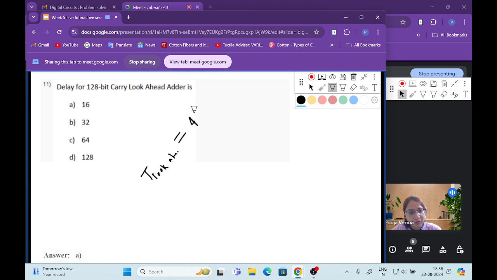That is 4 log 4 k, right? The delay for a k-bit carry look ahead adder. Here k is given as 128, right? So 4 log 4 128.